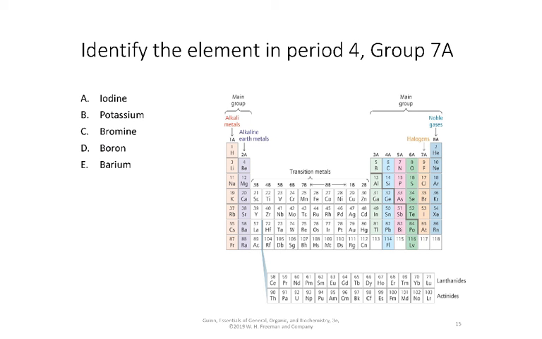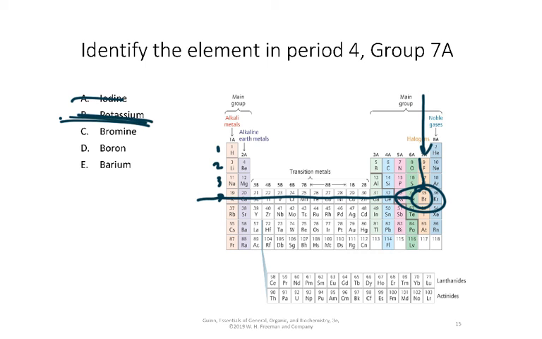Okay, identify the element in period 4, group 7A. Periods are not numbered here, but starting with hydrogen, 1, 2, 3, 4, 7A, they meet right there. So Br, well, which one is Br?